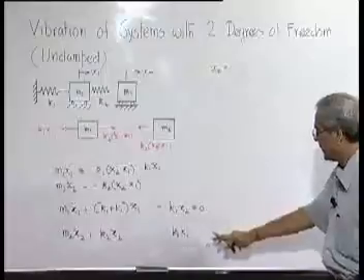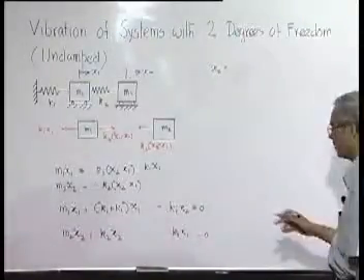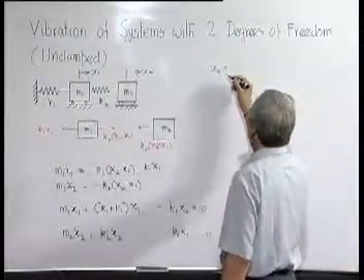Now from this we can see, we can express x2 in terms of x1 and x1 double dot.